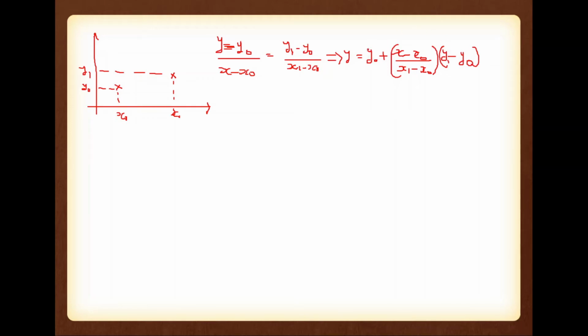Now you can see that here we have two y0 terms. This is y0 with the coefficient 1. This is y0 with the coefficient minus x0 divided by x1 minus x0.